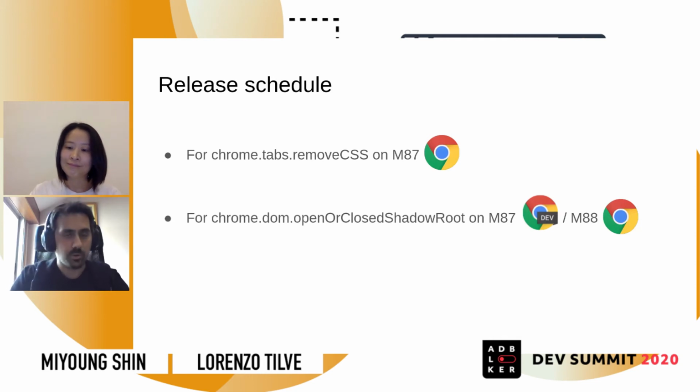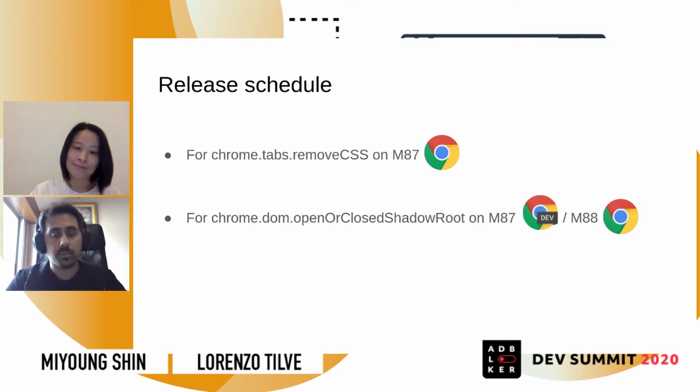It should be usable very soon. And the case of chrome.dom.openOrClosedShadowRoot should be available in dev in 87, and if everything goes fine, it should be making it into stable in 88.